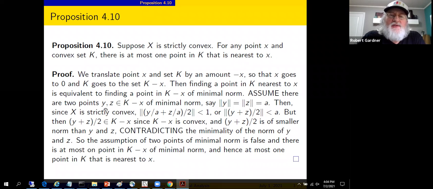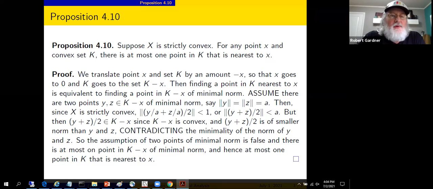Assume we get 2 points, y and z, in K minus X, both of minimal norm, such that the norm of y and the norm of z are both equal to a, and there are no vectors in K minus X of norm strictly less than a.